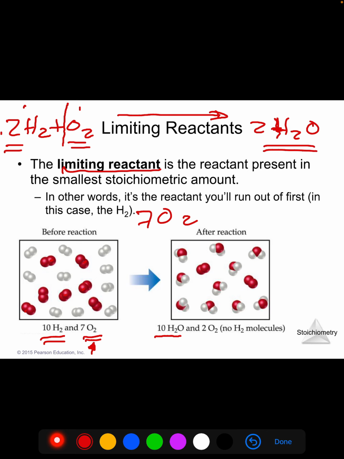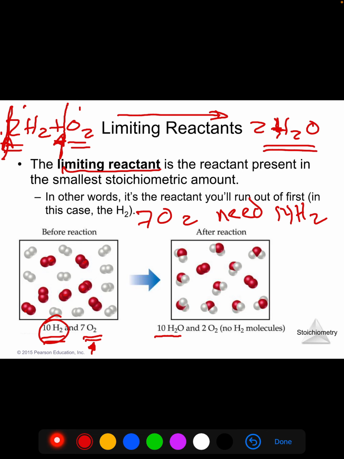I need 2 hydrogen for every one of those. For those 7 oxygens, if I want to use them all up, I need 14 H2s, but I only have 10.